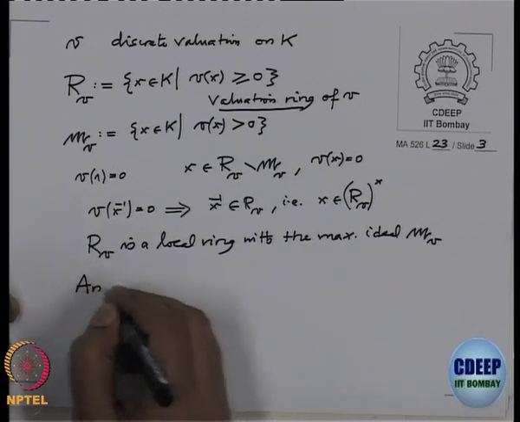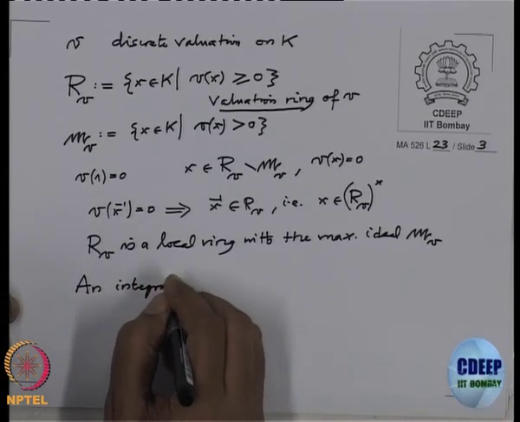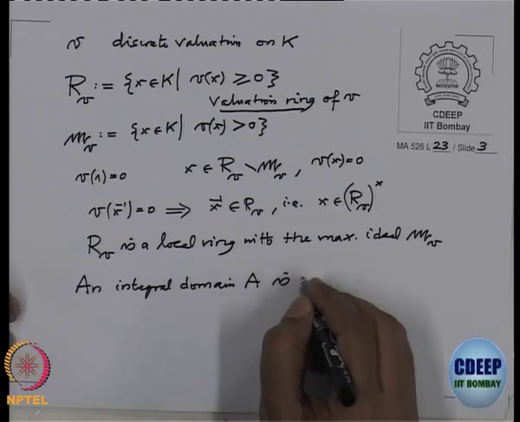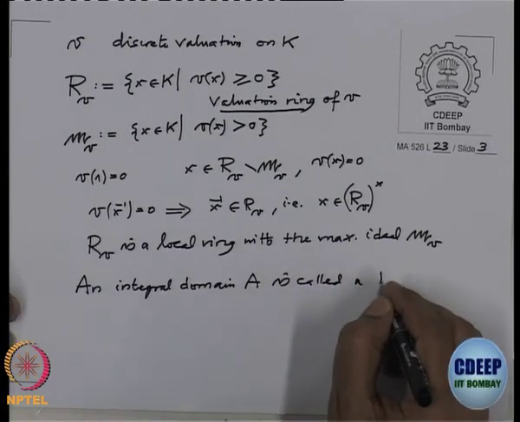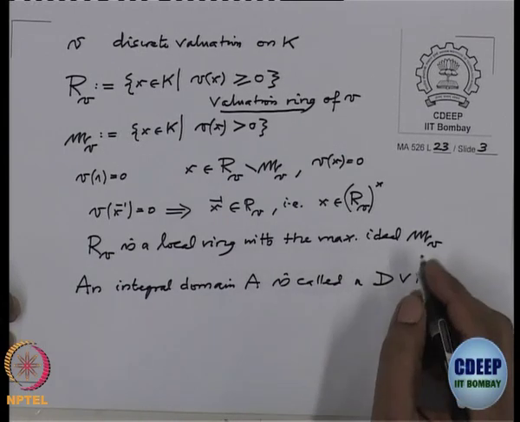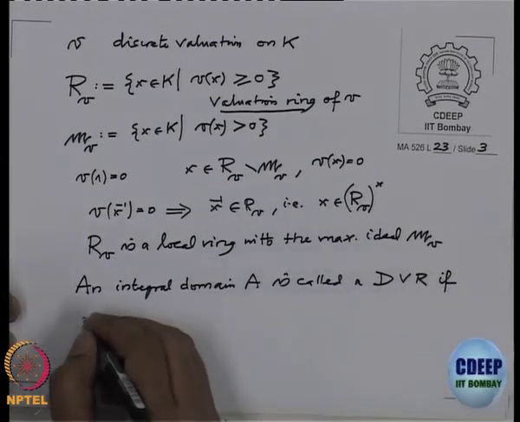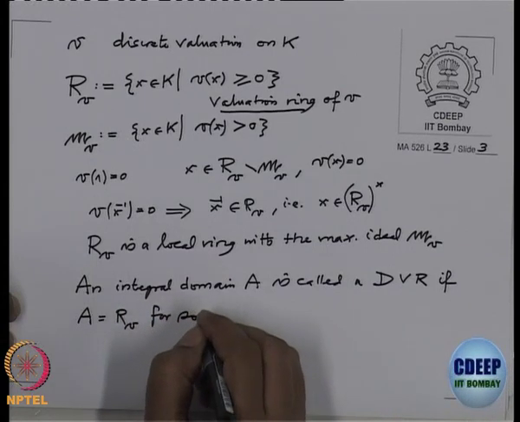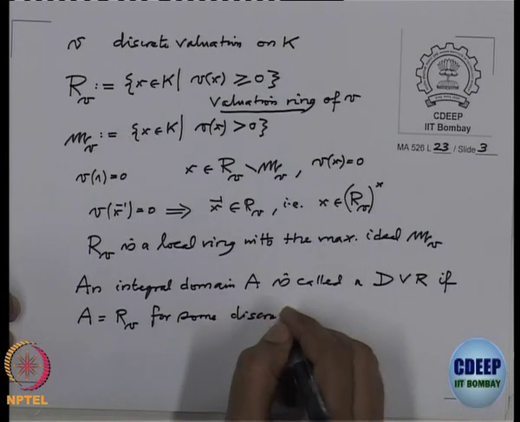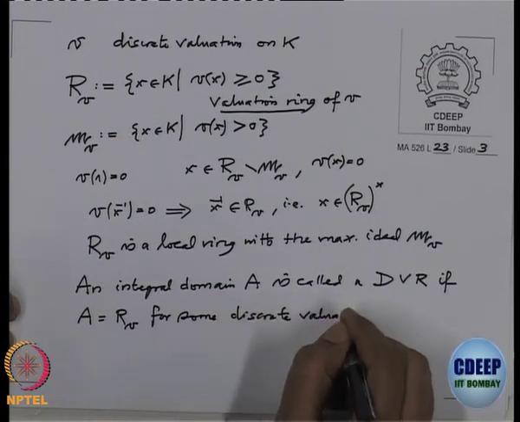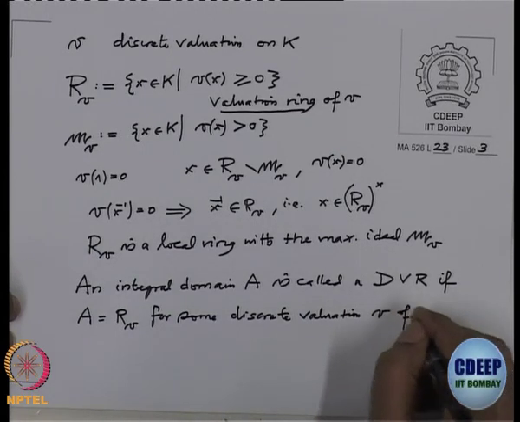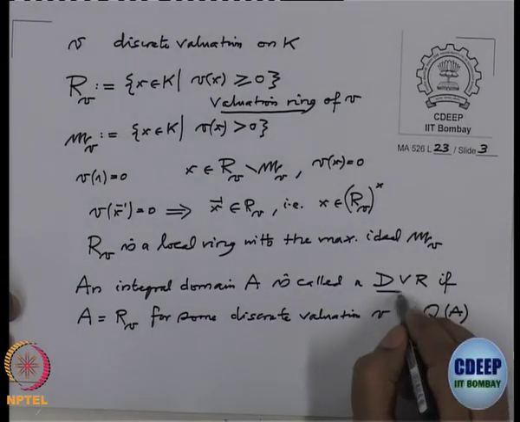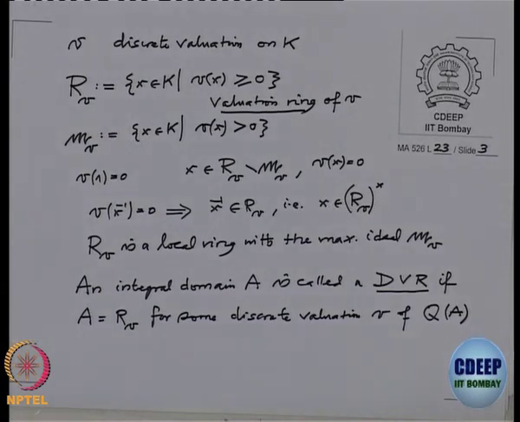An integral domain A is called a DVR, discrete valuation ring, if A equal to R_V for some discrete valuation V of the quotient field of A. This is the standard notation we are using for the quotient field. Such things are called DVRs.